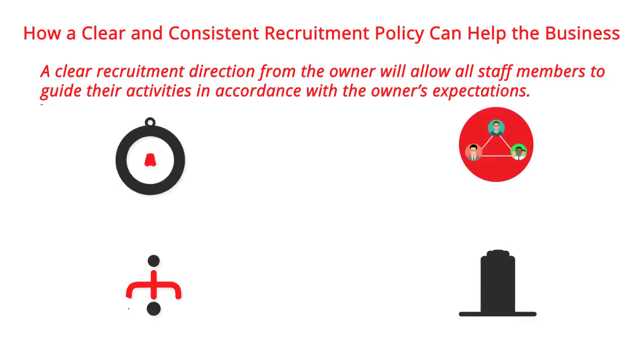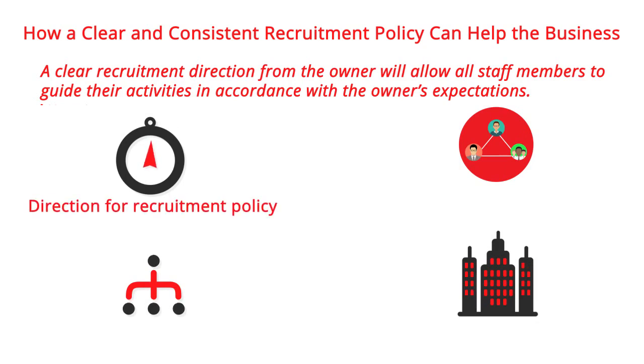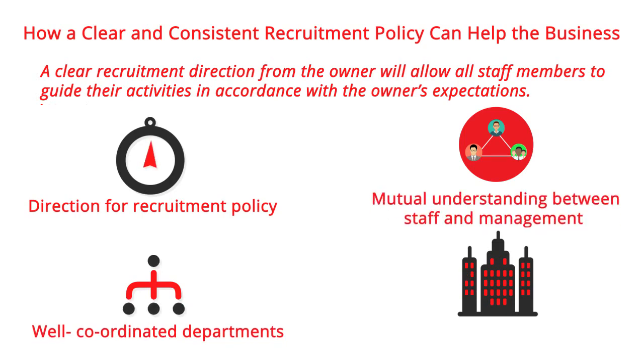Once the direction for the recruitment policy is there, this will help your departments to be well coordinated, which will in turn lead to a mutual understanding between the staff and the management, and ultimately it will promote your company's image. If the company's image is being clearly and consistently portrayed to candidates during the recruitment process, this will influence the candidate's loyalty and commitment to the company in the long run.